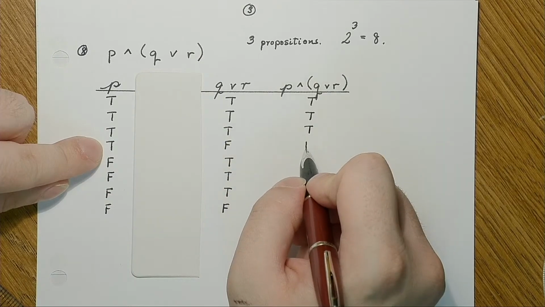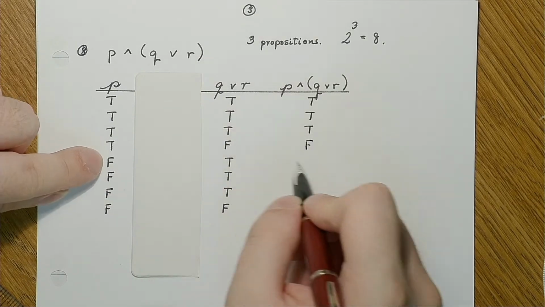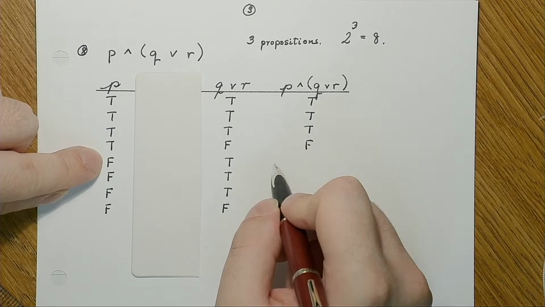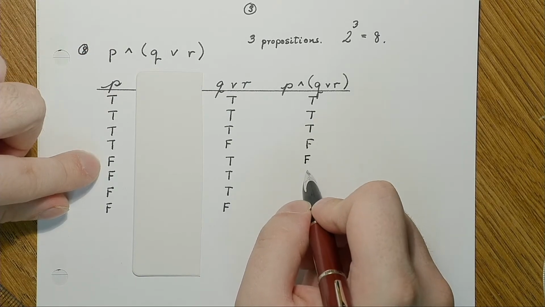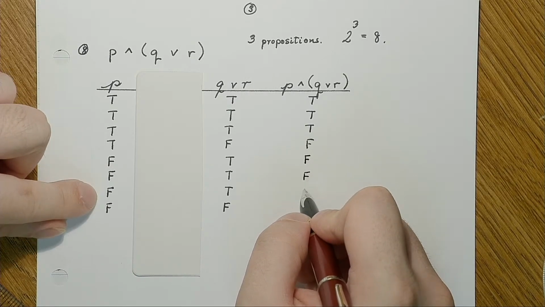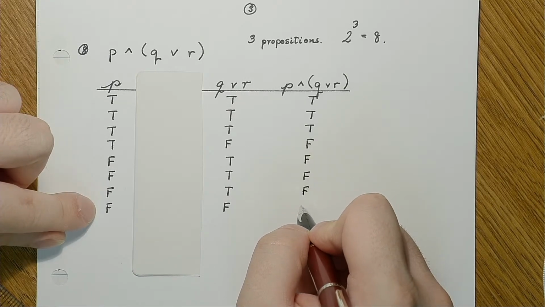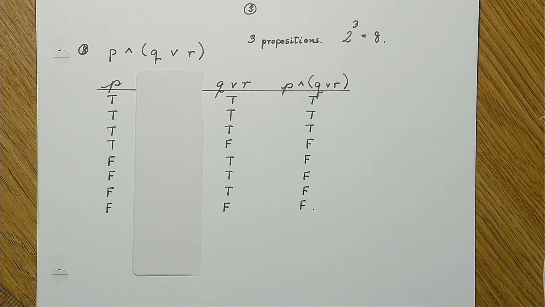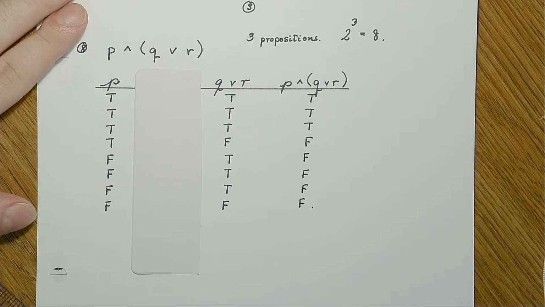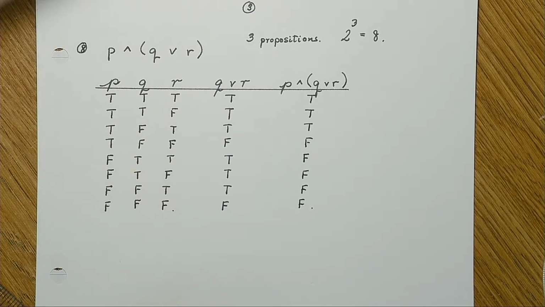True, and so this is false because both of them have to be true. And lastly, okay. So that is the truth table for that one.